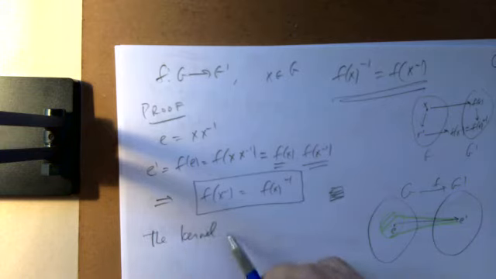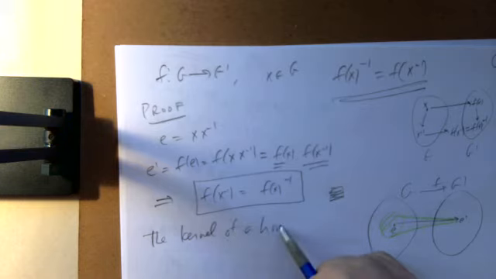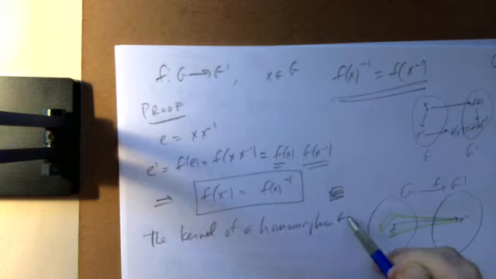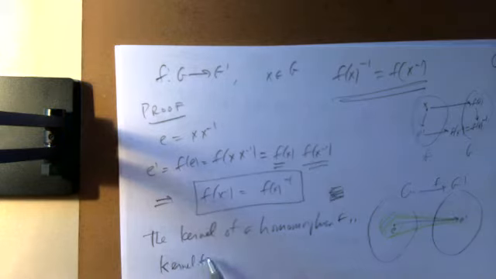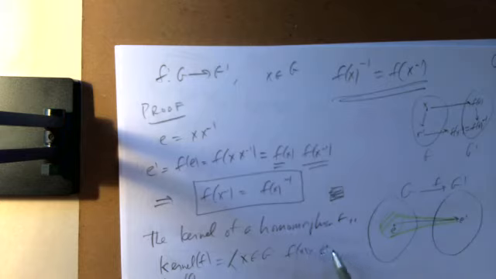So the kernel of a homomorphism f, I'll just write kernel of f, or sometimes I just write ker of f. This is the set of all x in G, such that f of x is the identity in G prime.